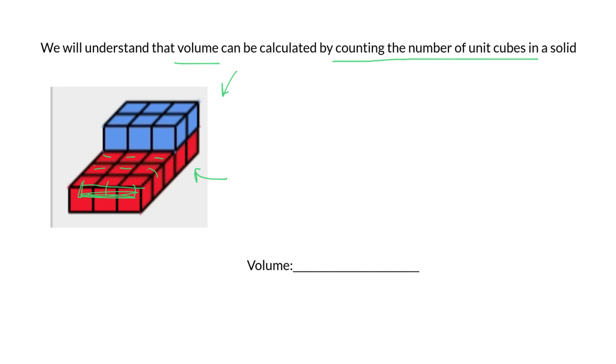Okay, now, my question to you is, do you notice these red cubes right here? If I see that there are 2 red cubes here, and I see that there's another layer of cubes on top of them, what kind of assumption could I make about how many unit cubes might be hidden underneath that layer of blue cubes?